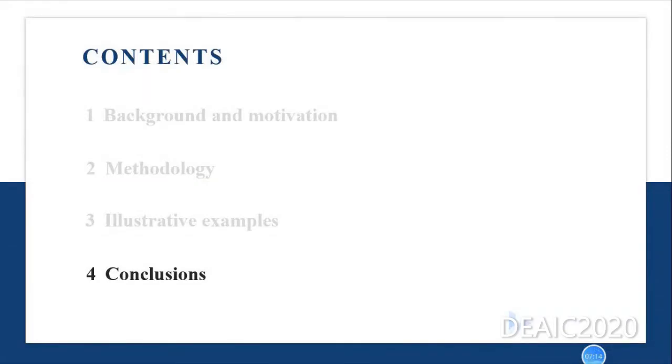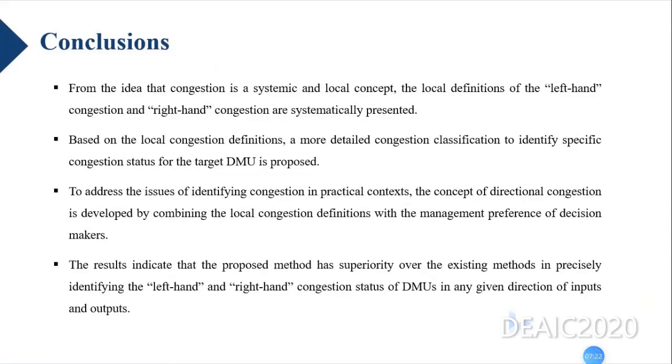In the last part, I am going to present the main conclusions of our study. Corresponding to the three research motivations presented earlier, we use DEA methods to address these three issues as follows. Firstly, from the idea that congestion is a systemic and local concept, the unified definitions of the left congestion and right congestion in a local way are presented.